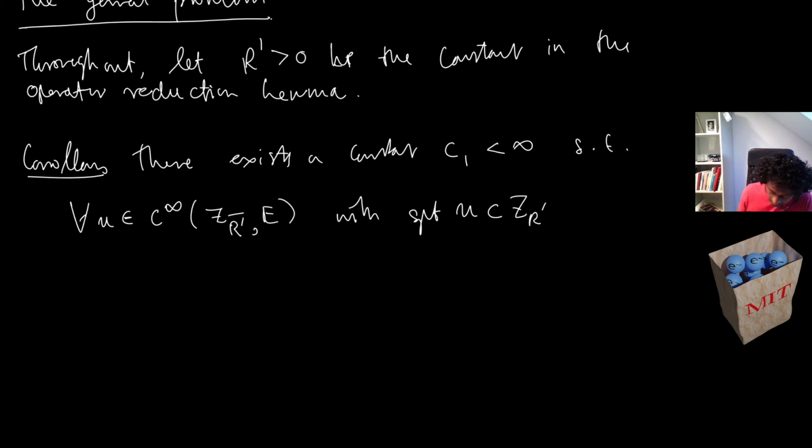Here we're invoking our results from before with a parameter rho equal to R0.